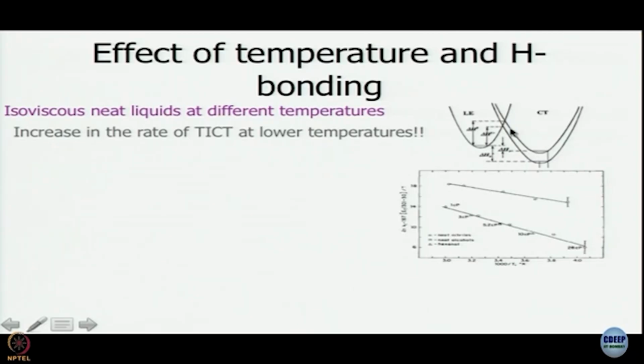You can see there are two surfaces here for CT, the upper one and the lower one. If suppose there are two temperatures, which one will correspond to the lower temperature, which one to the higher temperature? Yeah, lower one corresponds to higher temperature or lower temperature? Lower temperature actually, because at lower temperature your polarity is more.